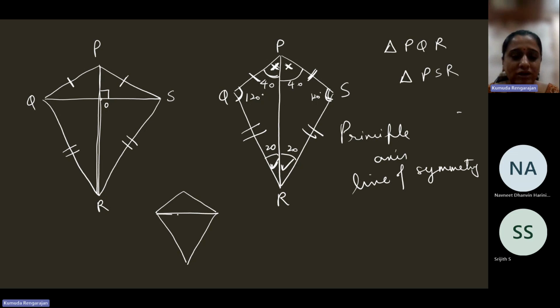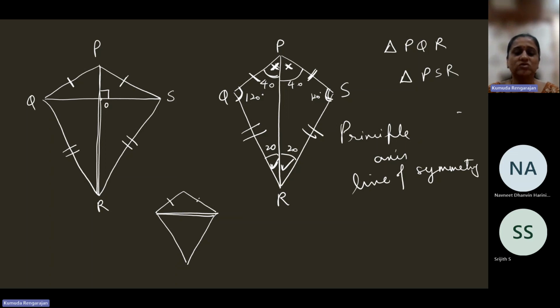Now, with respect to the shorter diagonal, the shorter diagonal divides the kite into two isosceles triangles. Remember this, the longer diagonal divides the kite into two congruent triangles, identical triangles. The shorter diagonal divides the kite into two isosceles triangles.